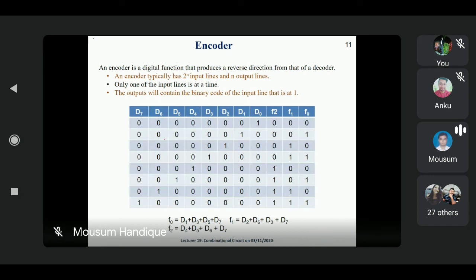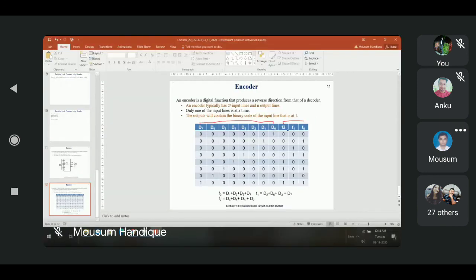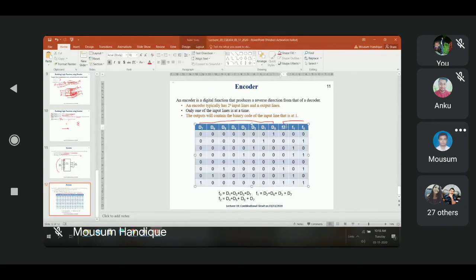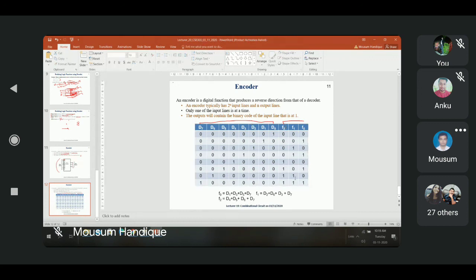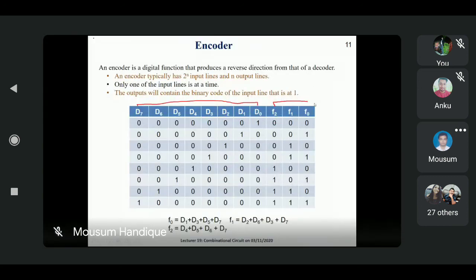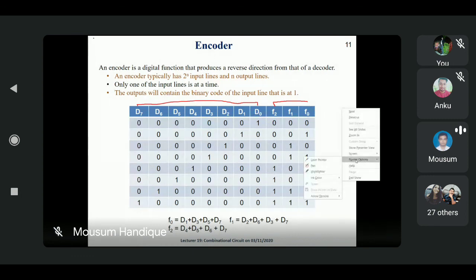So here I am writing the input lines D7 to D0, and the output lines F2, F1, F0.